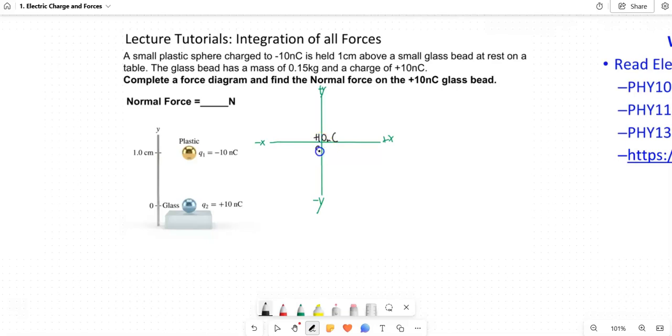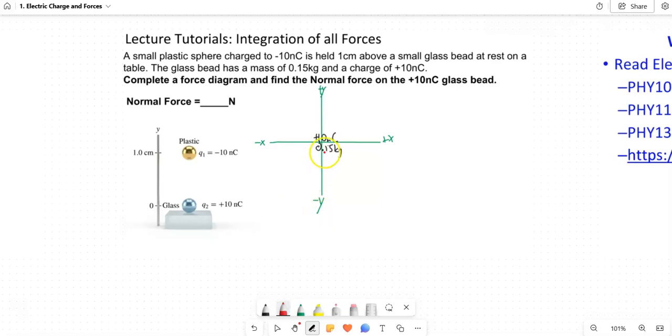And a mass of 0.15 kilograms. Okay, so I'm putting the important information for our object right there. Now, let's go ahead and talk about the contact forces.